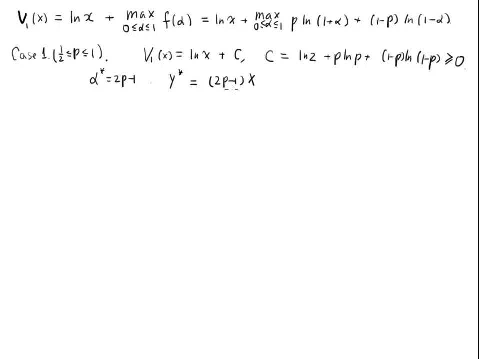Now, because 2p minus 1 is between 0 and 1, this is the amount we should bet. Regardless of how big p is, how close to 1, say, you should not put all the money you have in the bet. That's the conclusion.